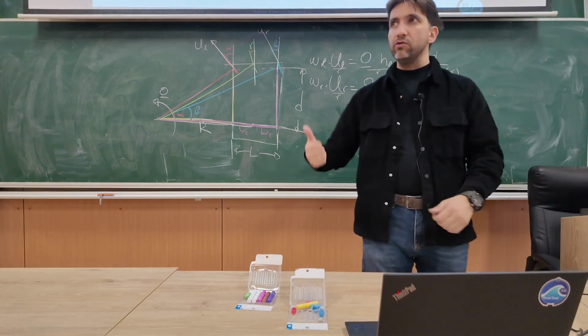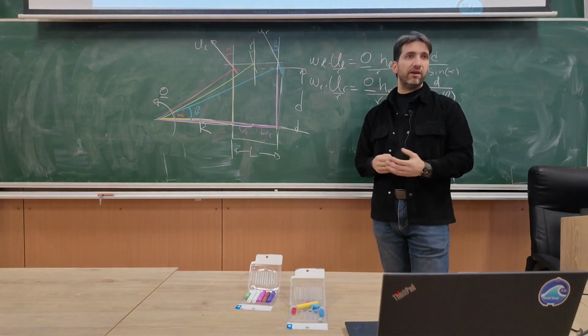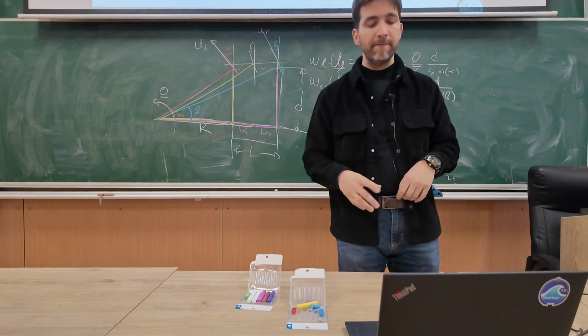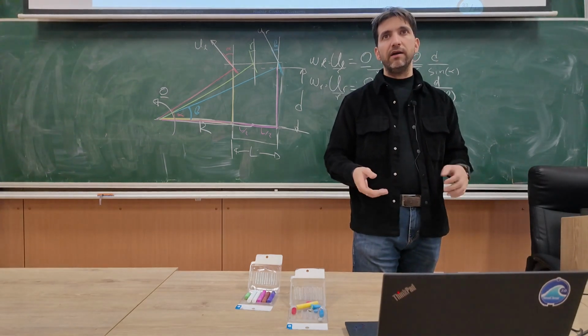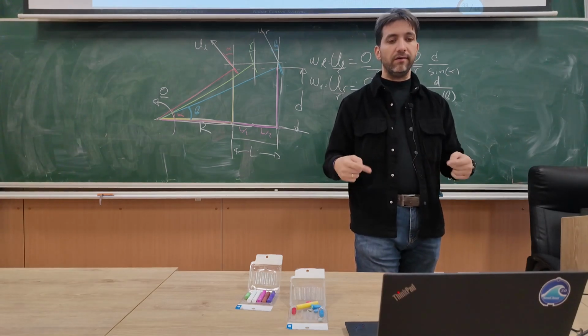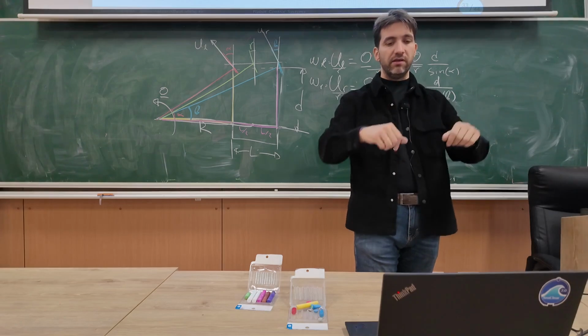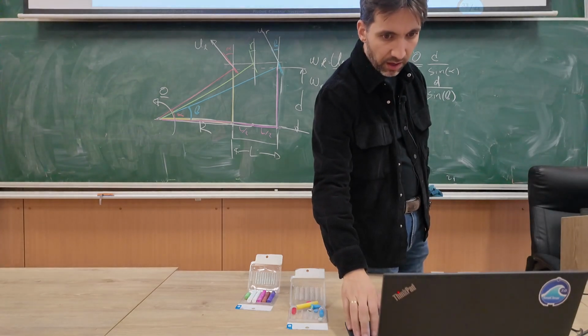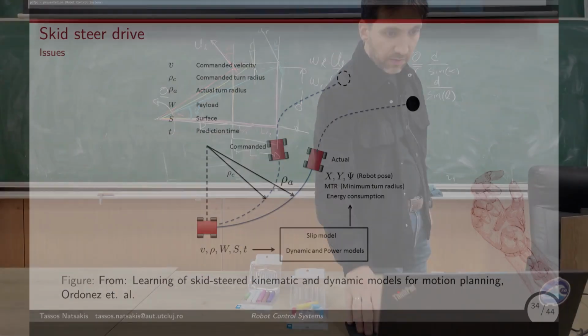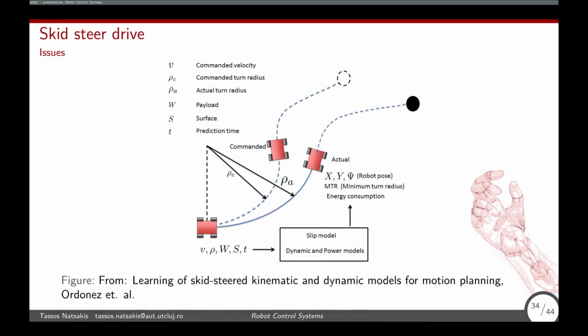So typically we use the same kind of modeling as differential drives because the left and right wheels move independently. But in reality, I always lose the assumption of no slipping unless I'm moving straight ahead. So then I have this issue. I will have some kind of trajectory based on the differential drive that I'm trying to execute.